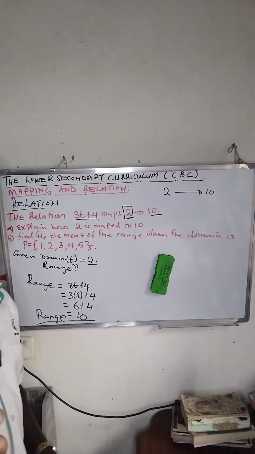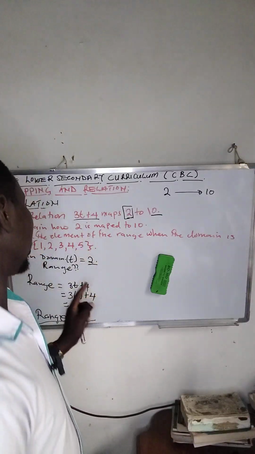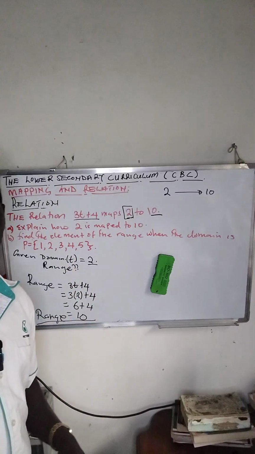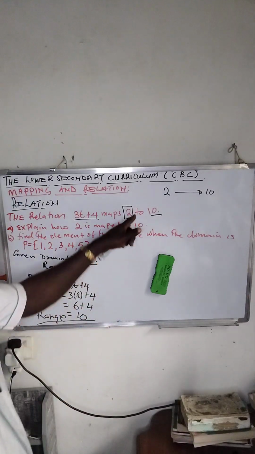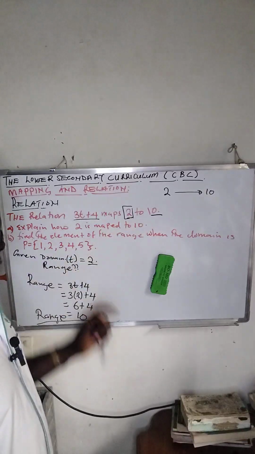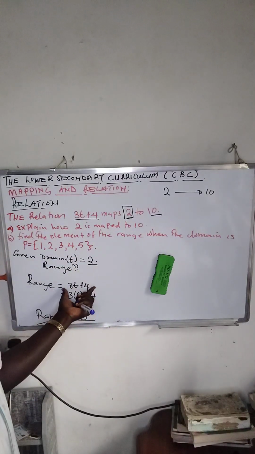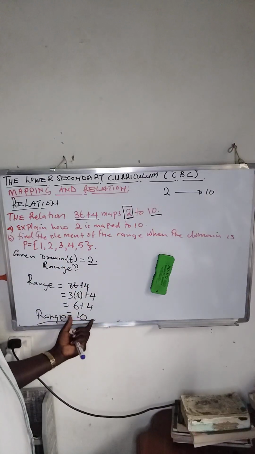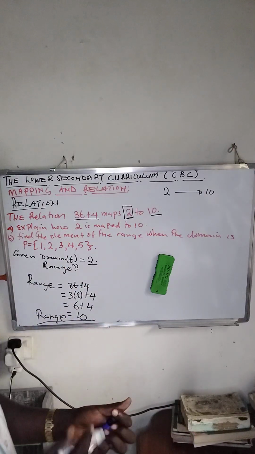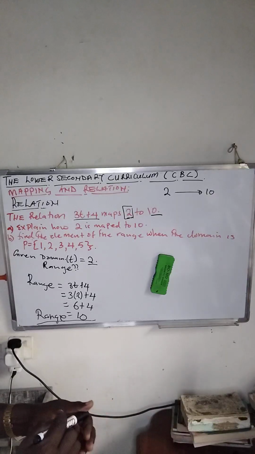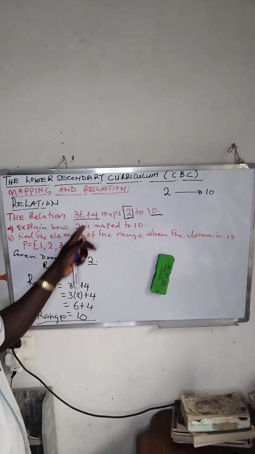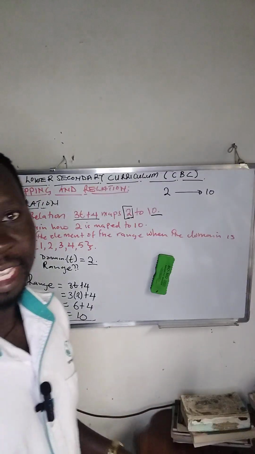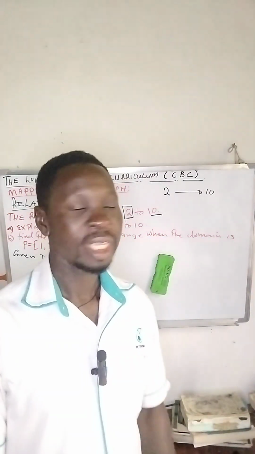They have used the relation 3t plus 4 as our relation, and 2 now is mapped to a 10 because the relation 3t plus 4 gives us a 10 as the range. When you substitute the domain into the relation, that's when we obtain the range as a 10 altogether.